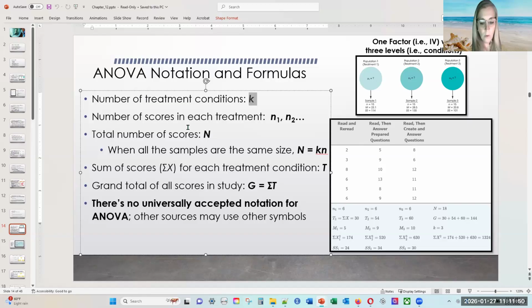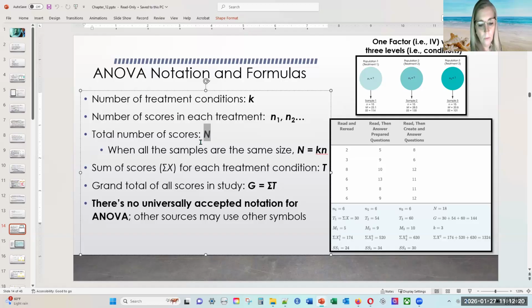The number of scores in each treatment would be designated as N1, N2. So it's numbering how many. The n is given a number for each person, right? So if it says N33, that's the 33rd person in that group. Also, the total number of scores is capitalized N versus a lowercase n that is referencing each score.